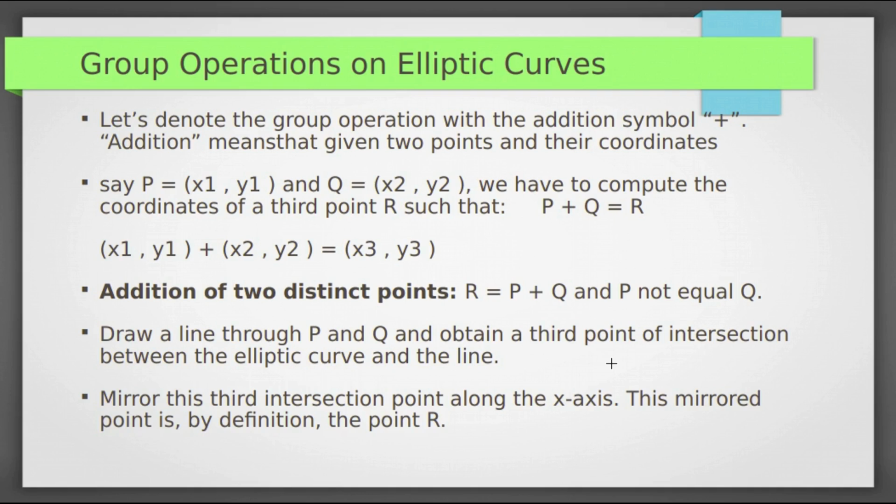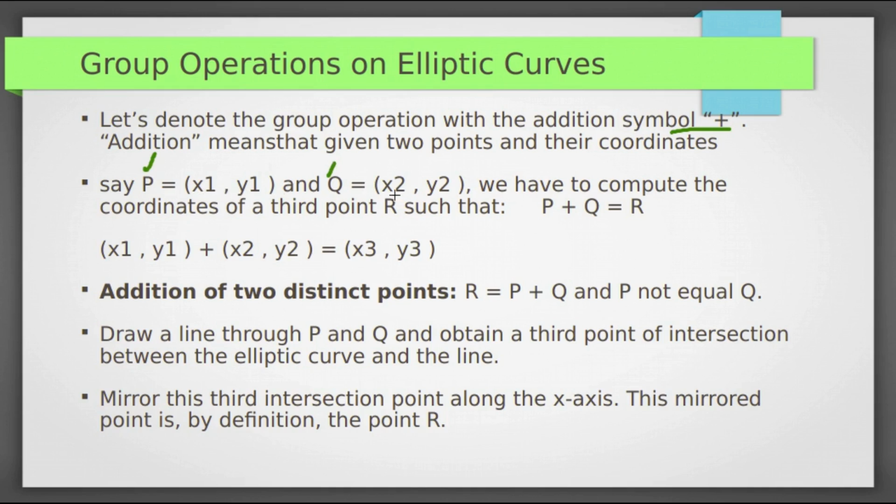Group operations on elliptic curves. There are 3 commonly defined operations for elliptic curves. Let's denote the group operation with the addition symbol. Addition of two distinct points: take two distinct points P and Q. P's coordinates are x1, y1.